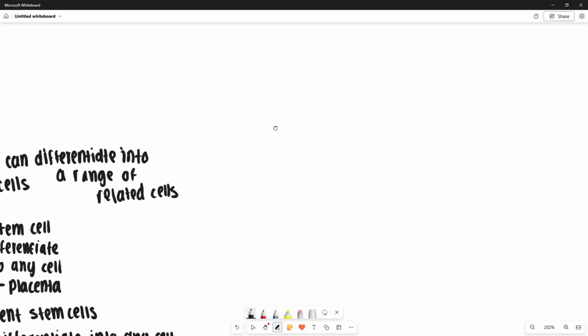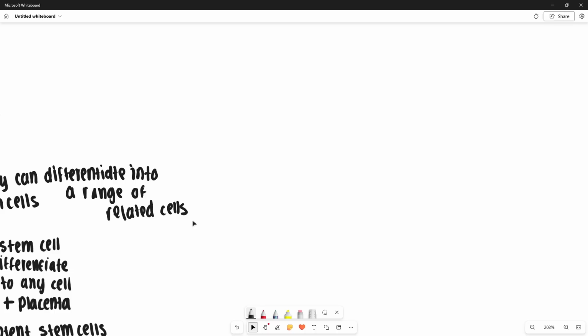So let's go over here, because we don't really have any space there. Medical application and research. Stem cells offer massive potential for regenerative medicine. So think about Parkinson's disease, where the neurons in the brain are degrading.